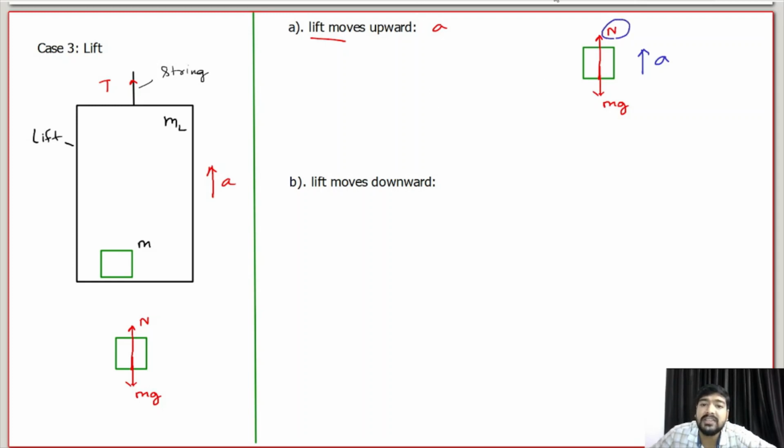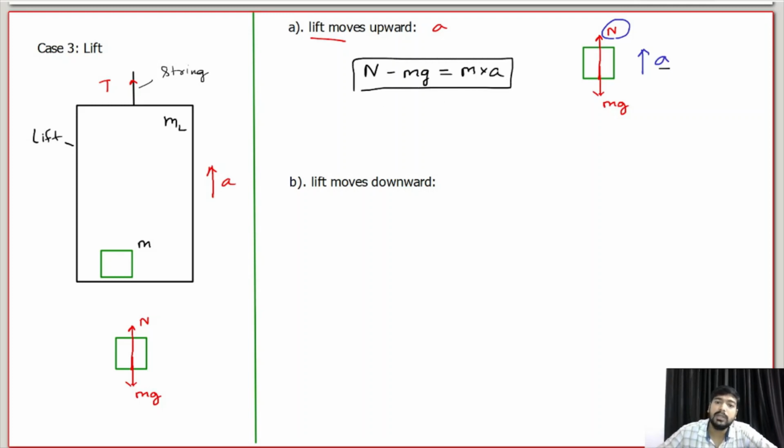So the normal reaction is taking this block upward. So what should be the equation? N minus, supporting force is N, opposing force is the weight, minus mg equals m into a.